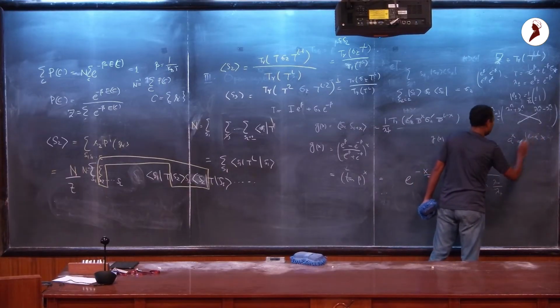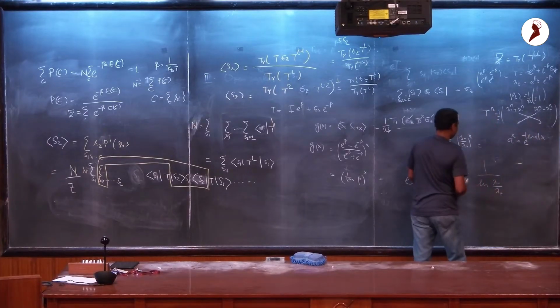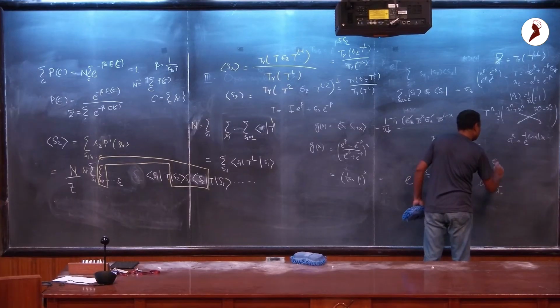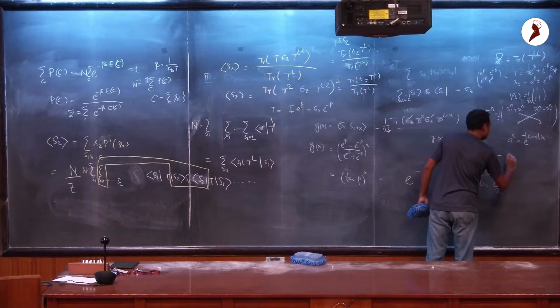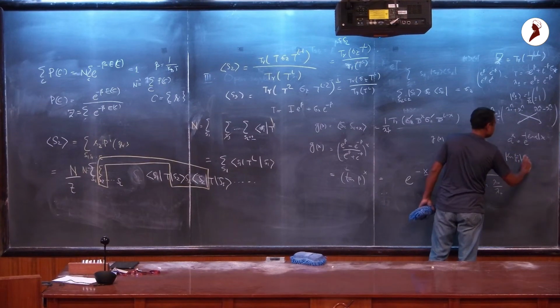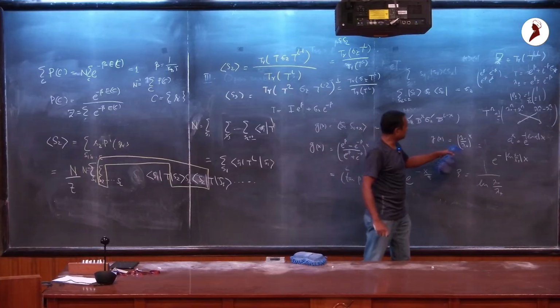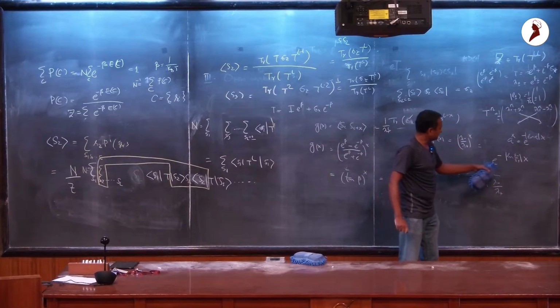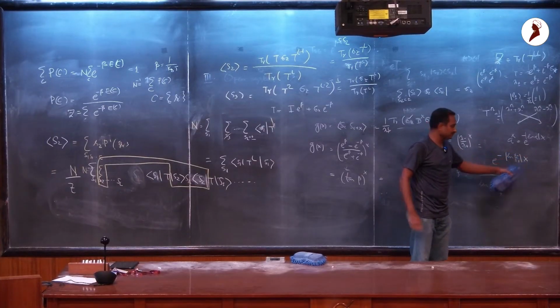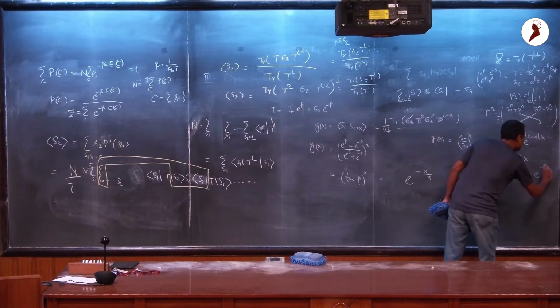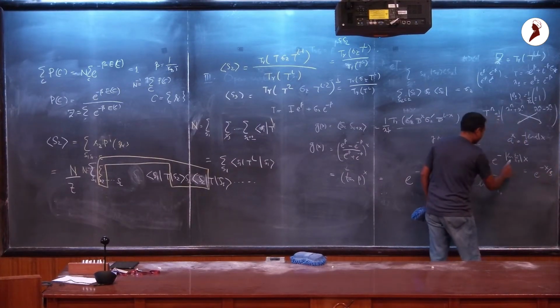So I will put a negative sign here. Okay. So that equals e to the power minus modulus of log of lambda minus by lambda plus times x. So g of x equals lambda minus by lambda plus to the power x is e to the power minus this into x. So if I write it equal to e to the power minus x by xi, then xi will be this.